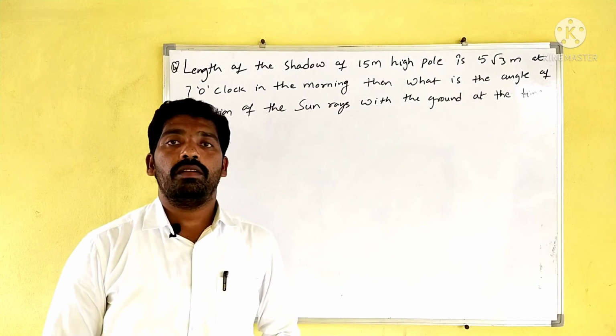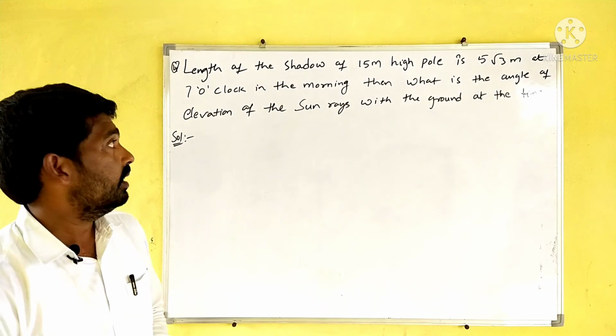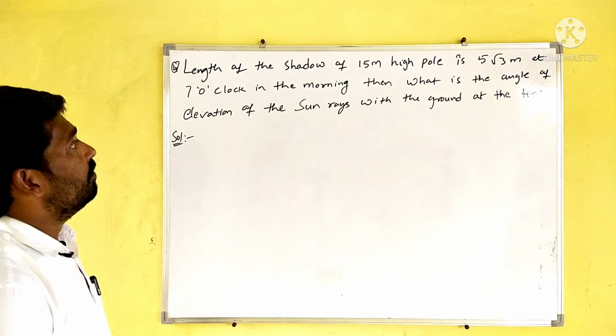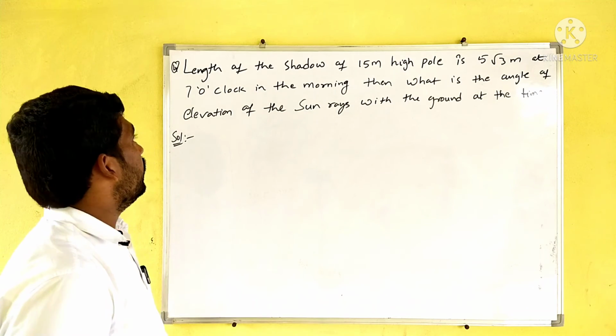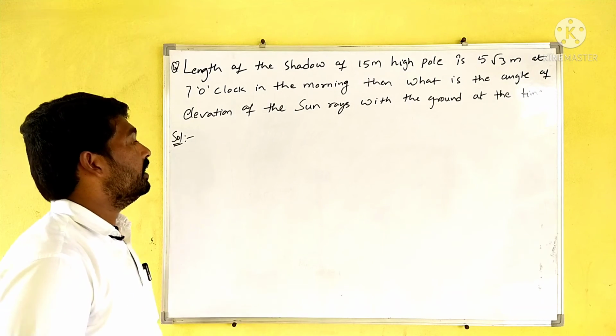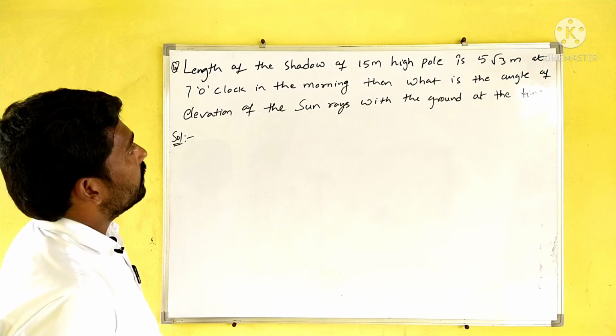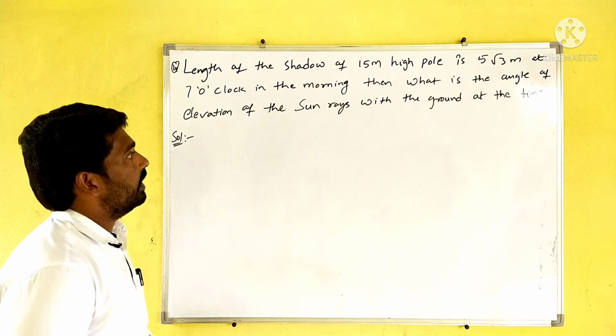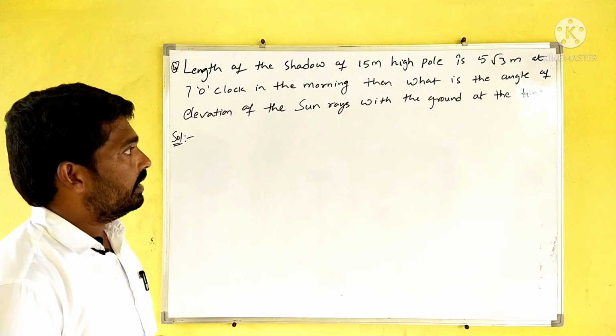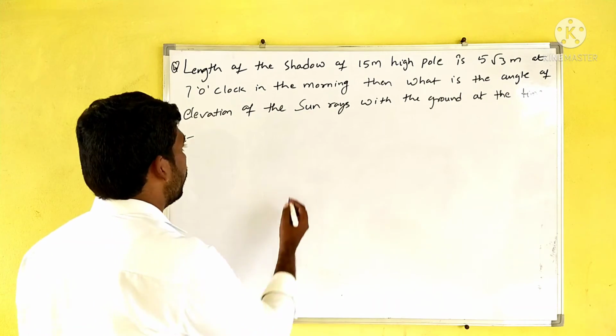Next problem, the fourth one. The length of the shadow of a 15 meter high pole is 5 root 3 meters at 7 o'clock in the morning. Then what is the angle of elevation of the sun rays with the ground at that time? First draw a right angle triangle.